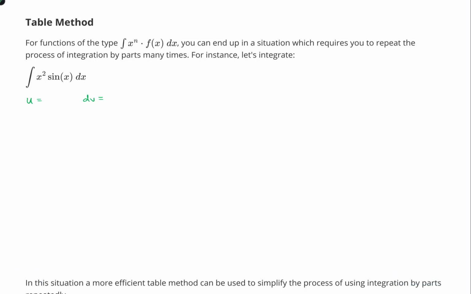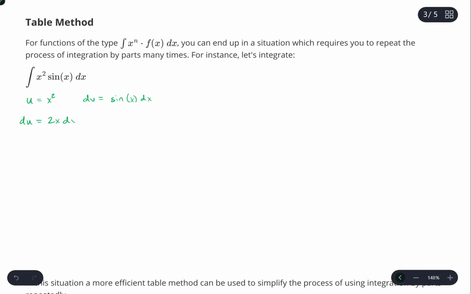So using ILATE, the algebraic part comes before the trigonometric, so we would use x squared for u, and then sine x for dv. The derivative of x squared would be 2x dx, and the integral of sine is going to be negative cosine.